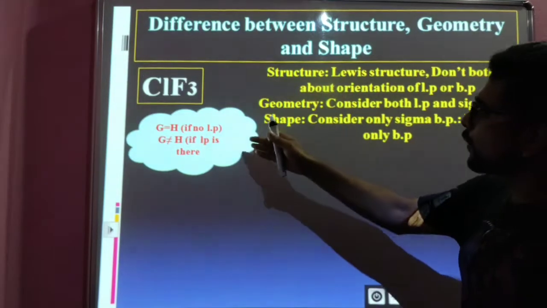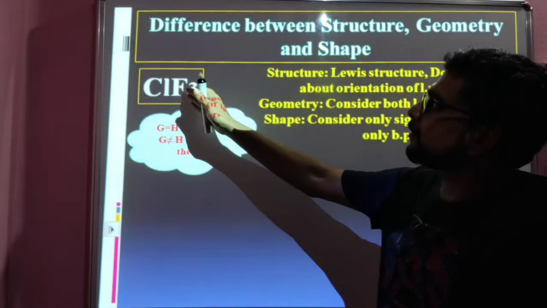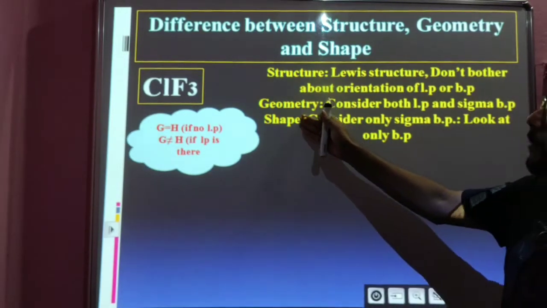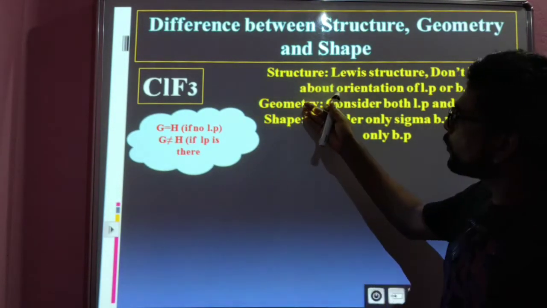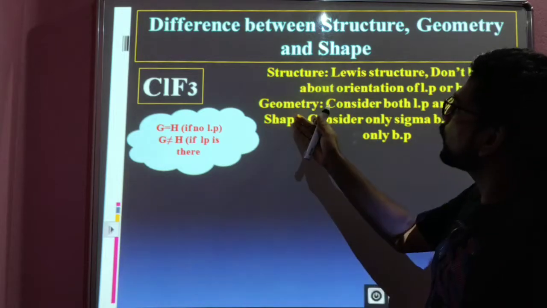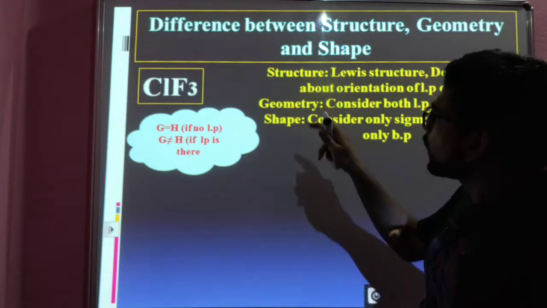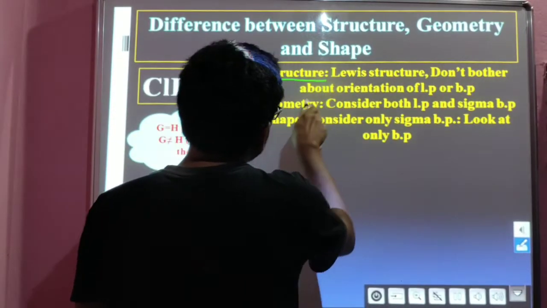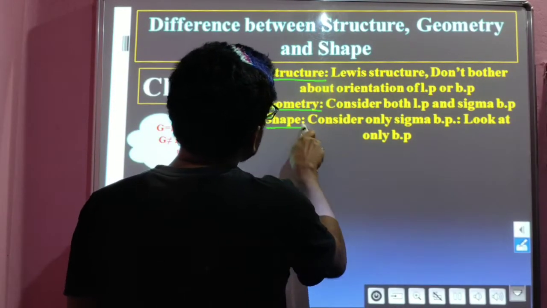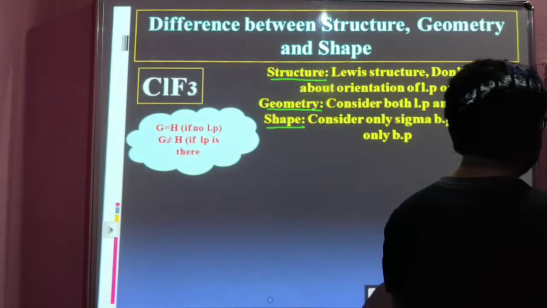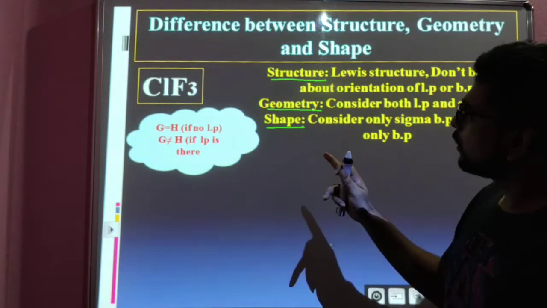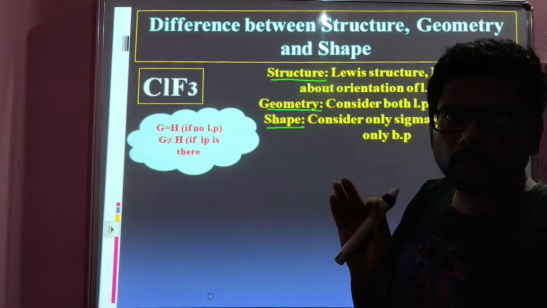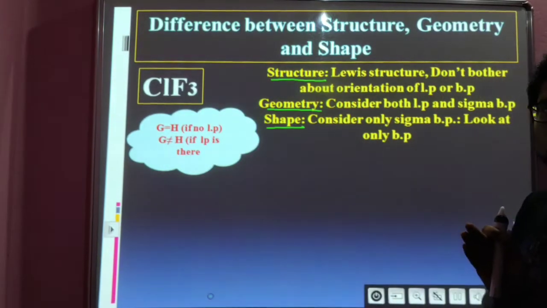এটা প্রচুর কনফিউজ করে যে যখন আমাকে স্ট্রাকচার লিখতে বলা হয় তখন আমি করে দিই। যখন আমাকে জিওমেট্রি জিজ্ঞাসা করা হয় তখন আমি হয়তো করে দিলাম কোনো একটা স্ট্রাকচার। সো ইটস ভেরি ইম্পর্টেন্ট টু নো দিস থ্রি টার্মস লাইক স্ট্রাকচার, জিওমেট্রি অ্যান্ড শেপ। See, when we will talk about structure, we will draw only Lewis structure.